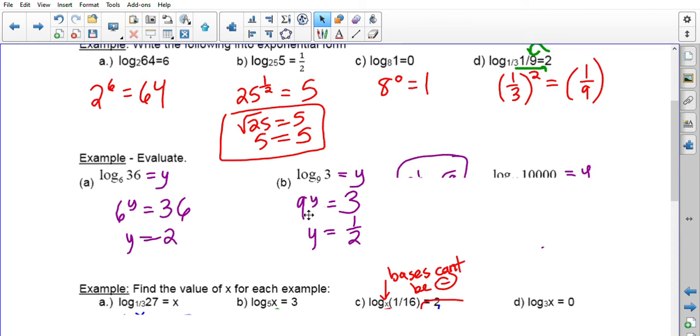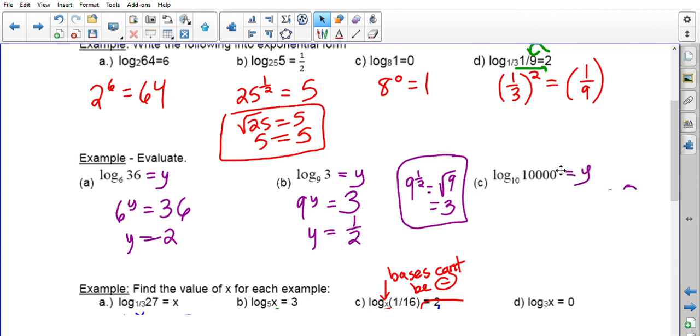So we have to think, 9 raised to what would equal 3? I know that 9 to the 1/2 is the same thing as square root 9, which is equal to 3. So the exponent that would make left side equal right side is y equals 1/2. So we just solved log 3 to the base 9 equals 1/2.